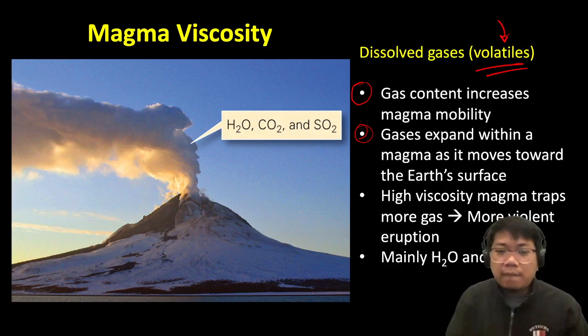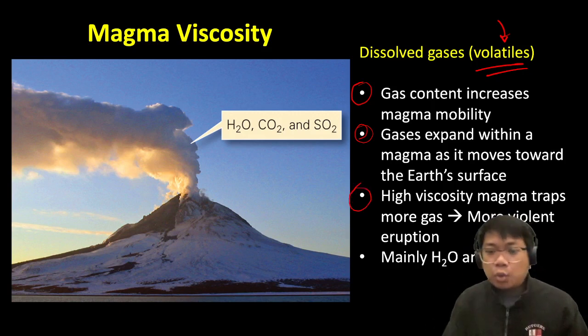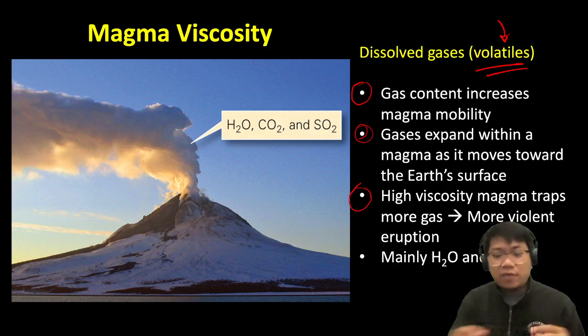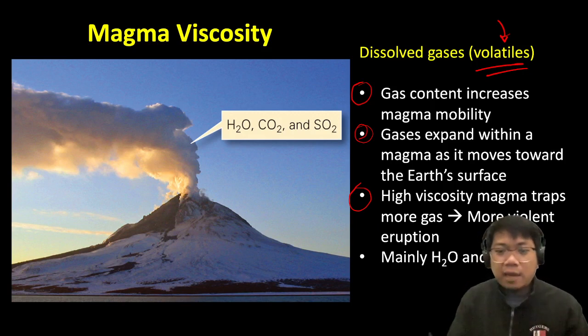And high viscosity magma, which is the thick magma, could also trap more gas a lot better than low viscosity magma, and that would also cause more violent eruptions to occur.